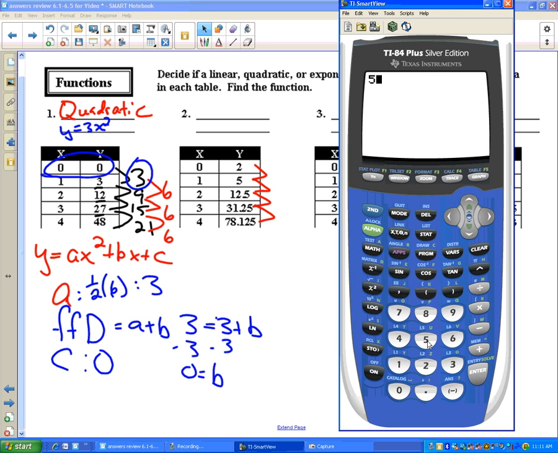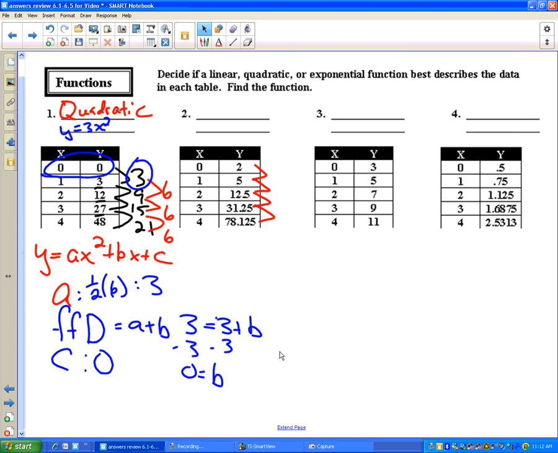5 divided by 2 is 2.5. 12.5 divided by 5 is 2.5. 31.25 divided by 12.5 is 2.5. 78.125 divided by 31.25 is 2.5. So my successive quotients are all 2.5.